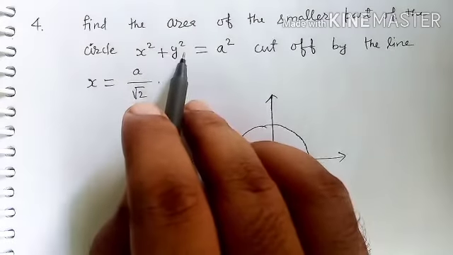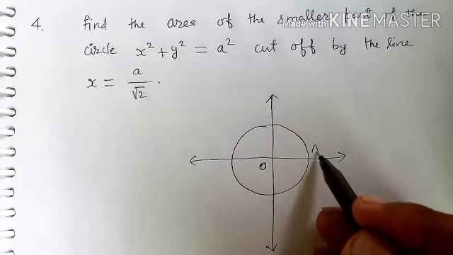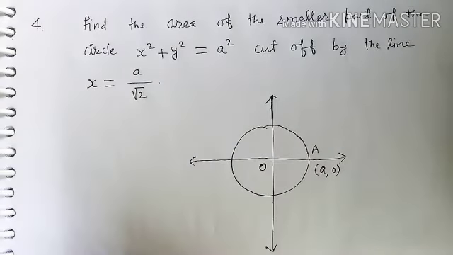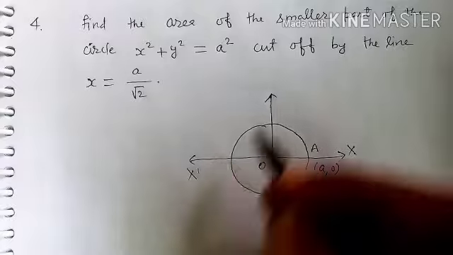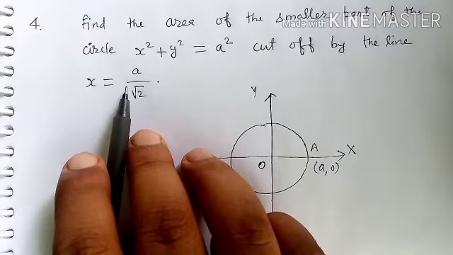The circle has the center at origin and its radius is a. So this is a comma 0. Here the line is x is equal to a by root 2.